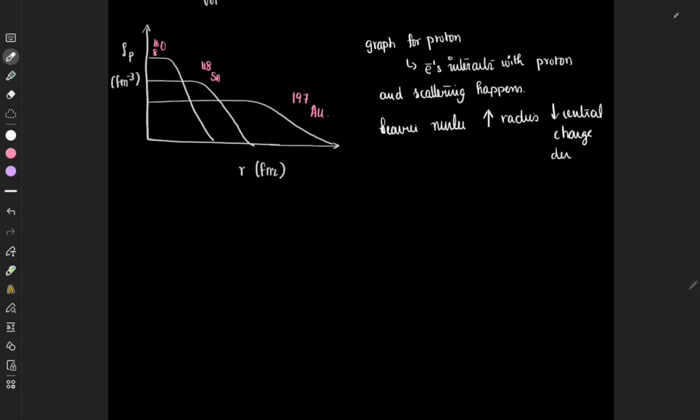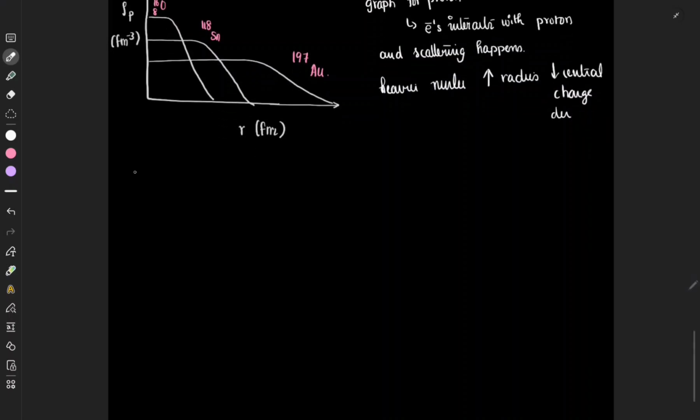Here, neutron distribution is not directly measured by electron scattering. So we assume that neutrons are distributed similarly to protons, and in order to find the mass density, we scale the proton density by A by Z, where A is the total number of nucleons, the mass number, and Z is the proton number.